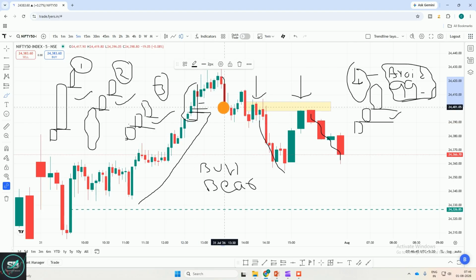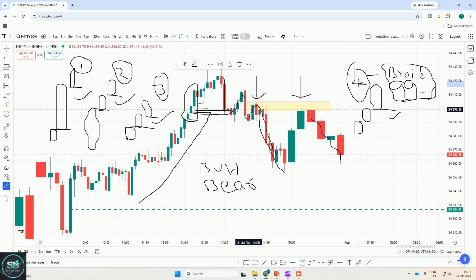Let's assume you think that price came here and tested this FVG, and you enter here. What will happen? There is a small bounce, and again price came down. So this is not going to act as a strong FVG. Generally this 4th kind of FVG is going to form at the top of the trend.